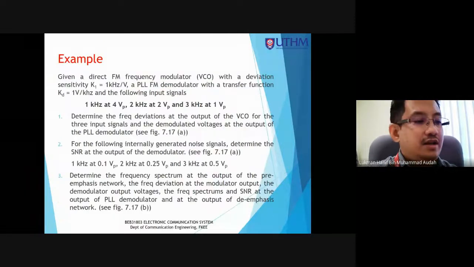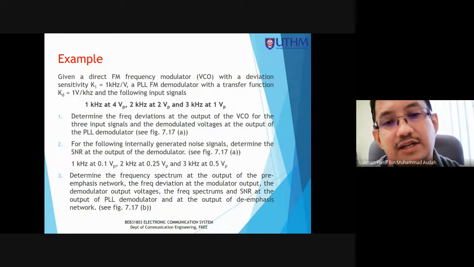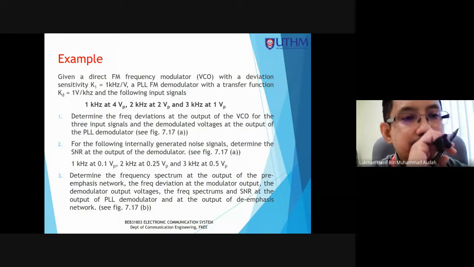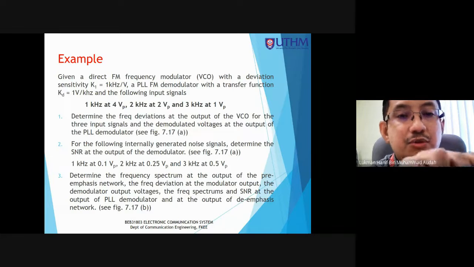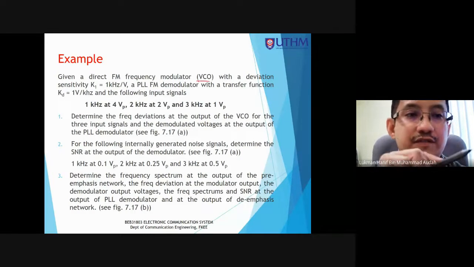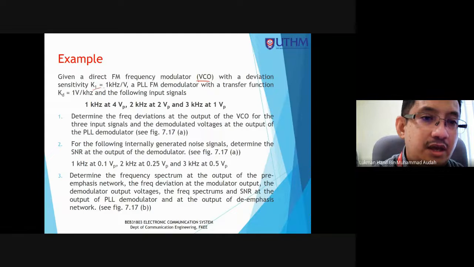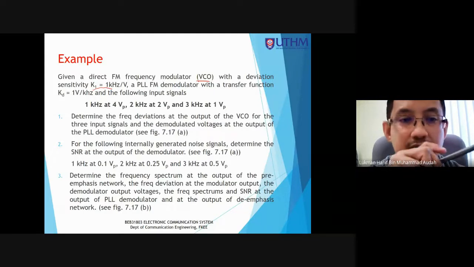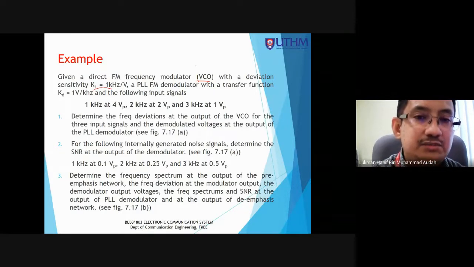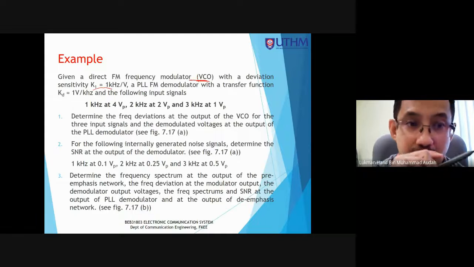And if we look from this example, the last one, given a direct FM frequency modulator VCO with a deviation sensitivity K1 1 kHz per volt. So this is at the transmitter we use a modulator VCO.